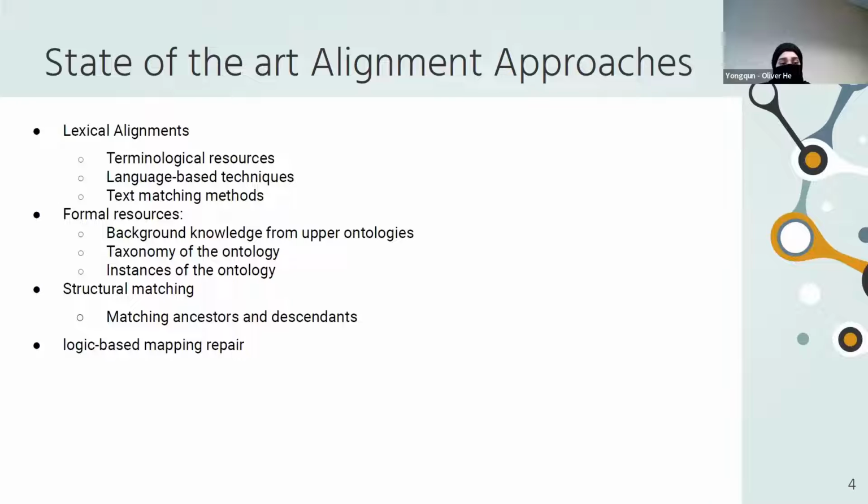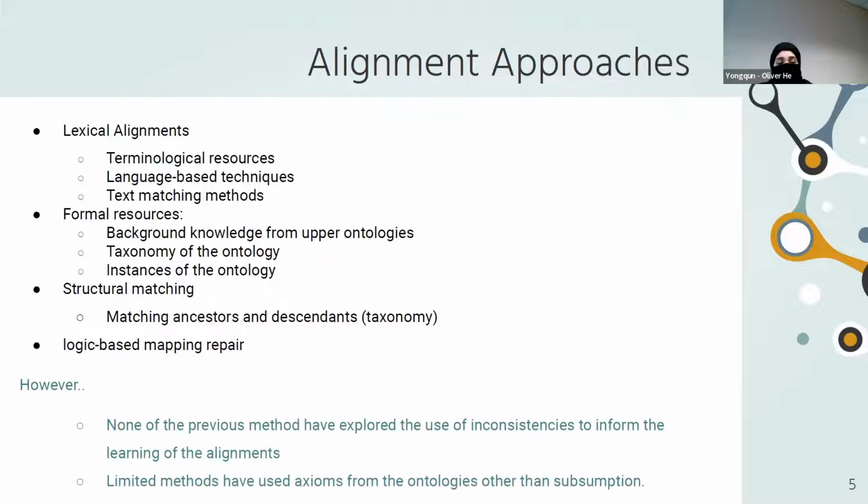For maybe the top of the state of the art, if we look at AML and LogMap, for example, they use logic-based mapping repair. So at the end, they have a way to repair the mappings by making sure that the alignments are consistent. However, none of these previous methods have explored the use of inconsistencies to inform the learning.